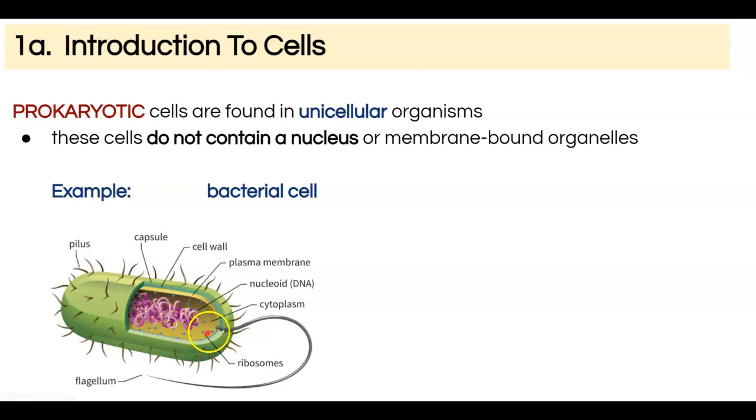We have these little ribosomes, but we don't have a bunch of membrane-bound organelles in here, okay? And so prokaryotic means no nucleus, okay? It has a nuclear region, but not a defined membrane-bound nucleus. And it does not have a bunch of complicated organelles. So this is a topic you will explore in great detail in grade 11 biology.